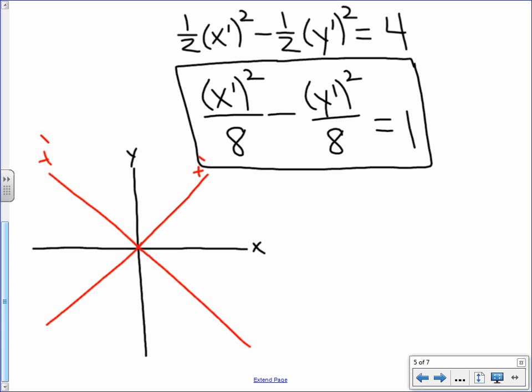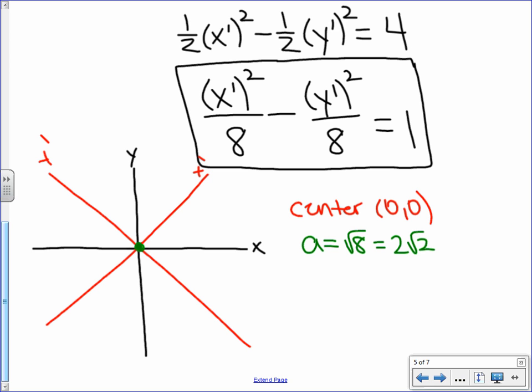So, in this hyperbola, what's our center? 0, 0. Okay. Our center is 0, 0. Our a value is, or a squared is 8. So a is radical 8 or 2 radical 2.